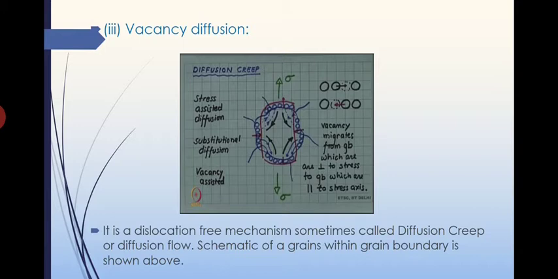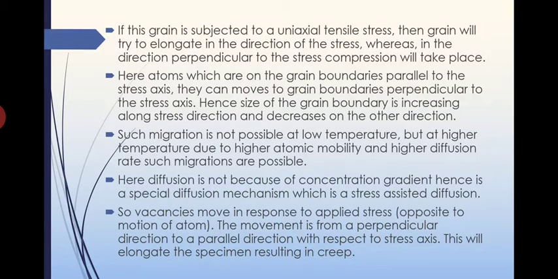For this movement of the atom, vacancies should be there within the material, then only the atoms can move from one place to the other, otherwise it is not possible. The movement is from the perpendicular direction to the parallel direction with respect to the stress axis. This will elongate the specimen, resulting in creep.